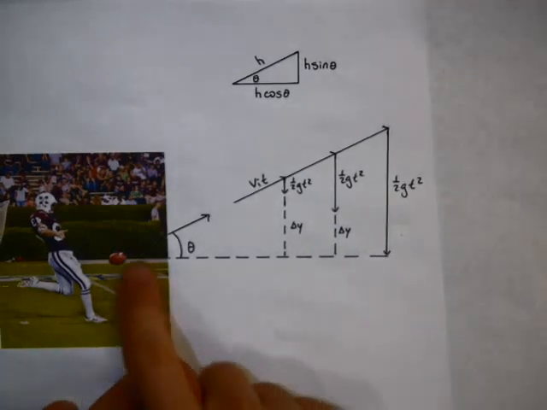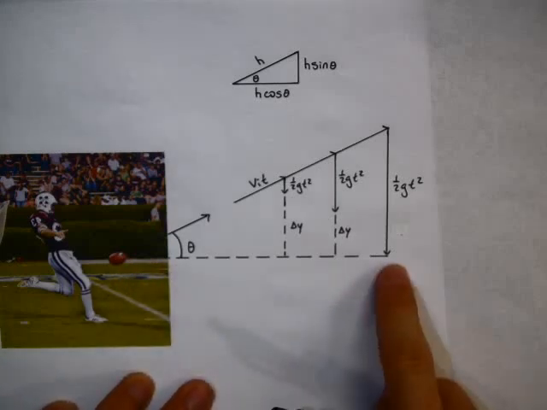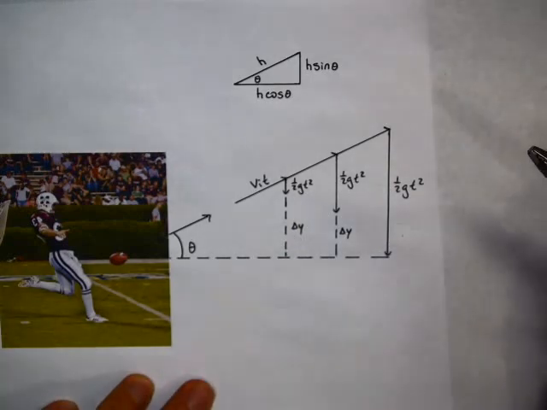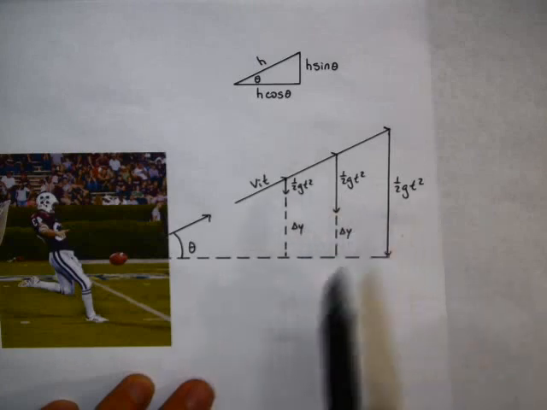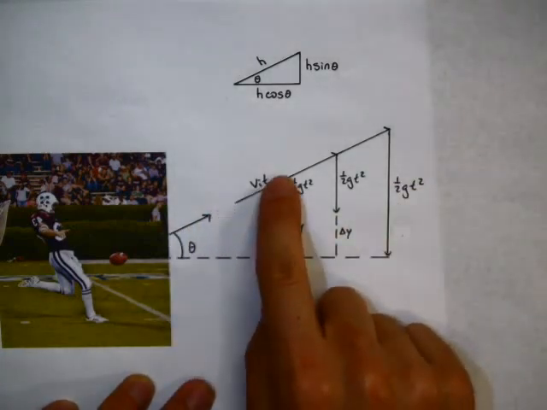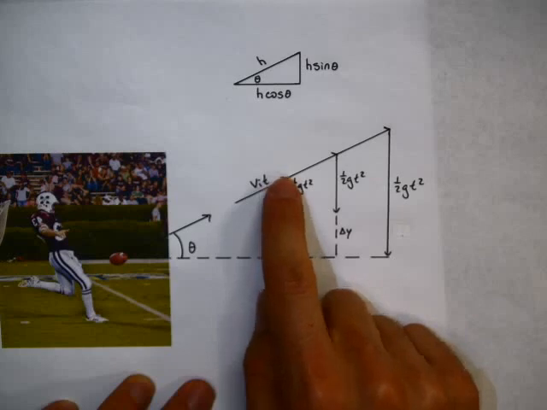Notice that I drew a horizontal line to represent the ground and a dashed line, which I'm labeling delta y, to label the height above the ground of the projectile at a certain time. So really you only need to draw one vector pointing up and one vector pointing down.